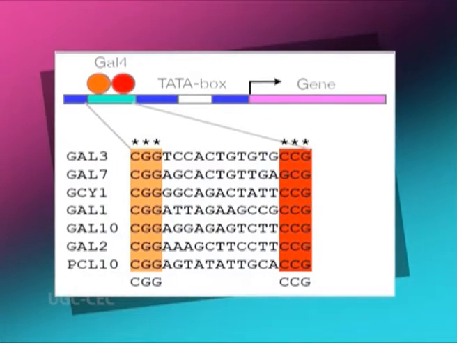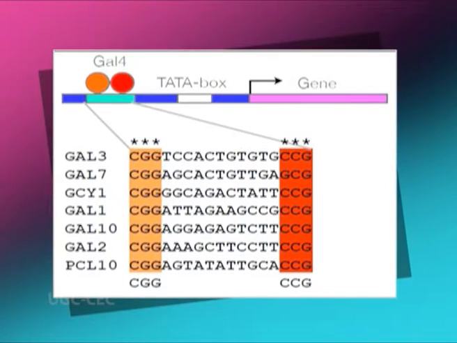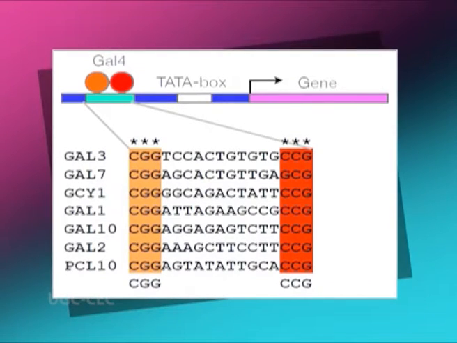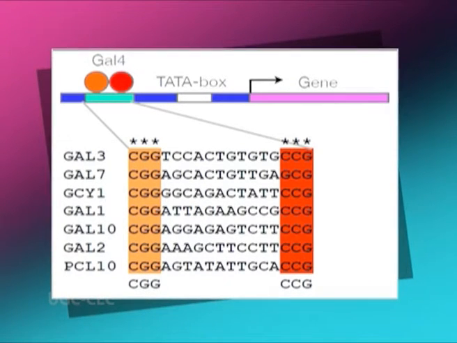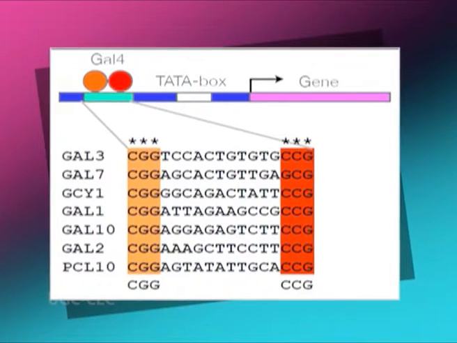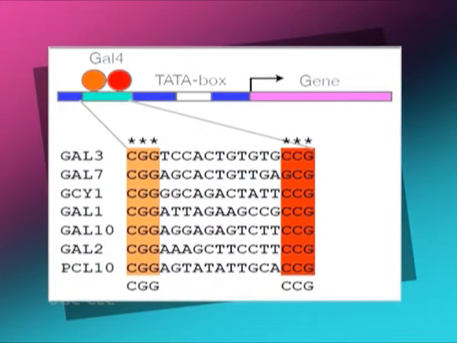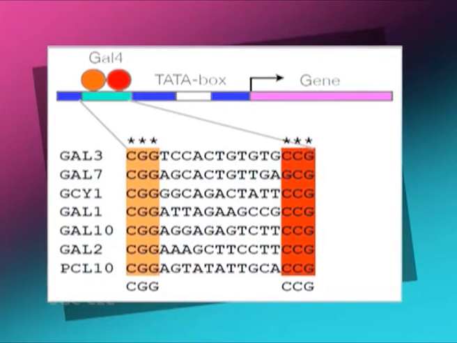motif found in eukaryotes. Here we can find the Gal4 binding motif in the following genes: Gal3, Gal7, Gal10, etc. The conserved consensus sequence is CGG N11 CCG, where N11 indicates any residue at these 11 positions.